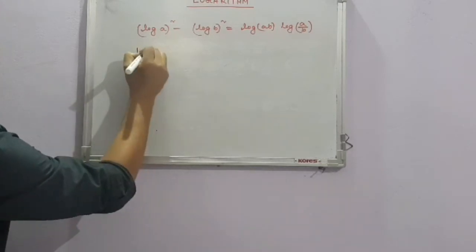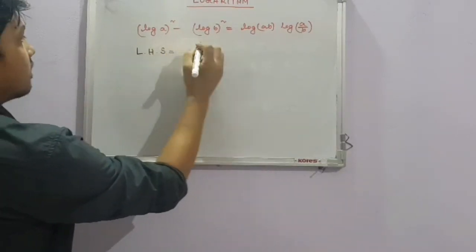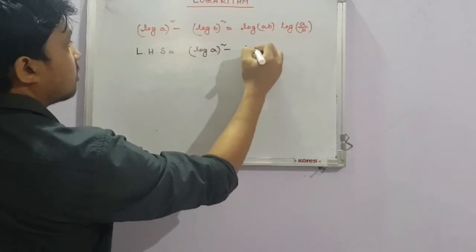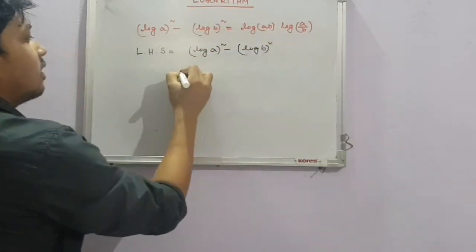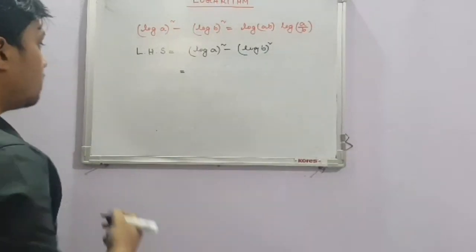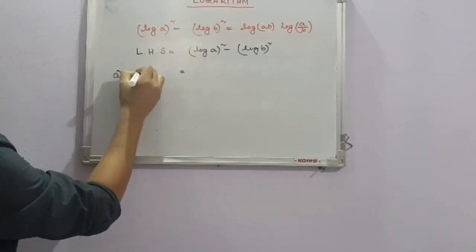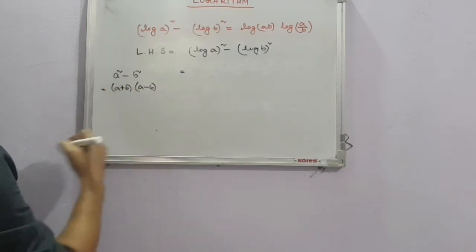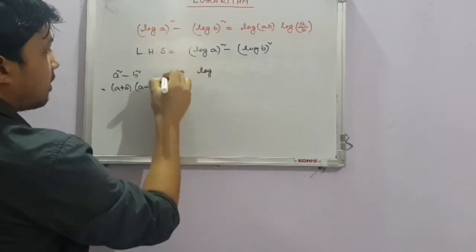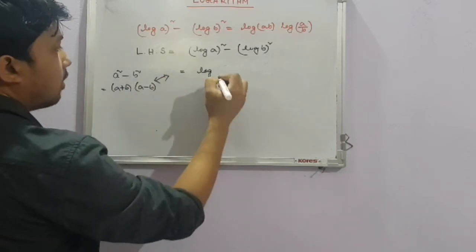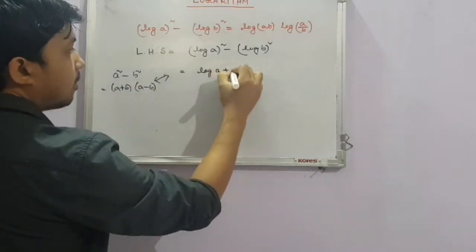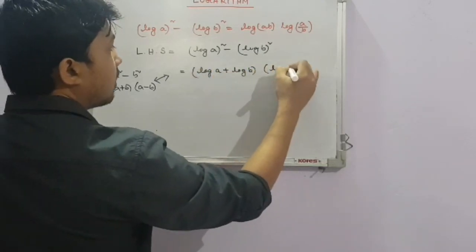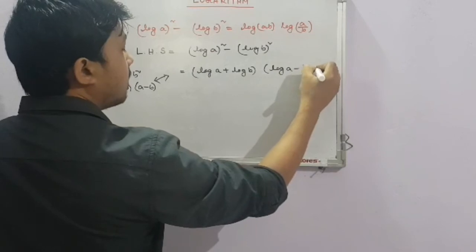So I'll take the left hand side again. Log of a whole square minus log of b whole square. So this is a square minus b square. It is the formula of a square minus b square: a square minus b square is (a plus b) into (a minus b). So if I apply this formula here, (a plus b) into (a minus b).